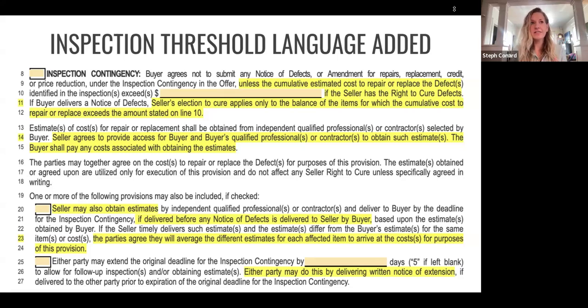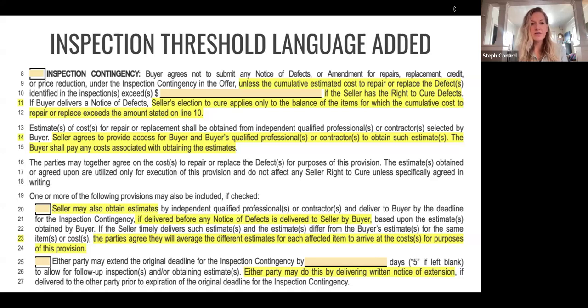So it's just giving that seller peace of mind in a competitive situation. Okay, they're going to have an inspection contingency, but I know that they're not going to ask for anything if repairs come under $5,000, let's say. So that's the heart of what this expansion is.